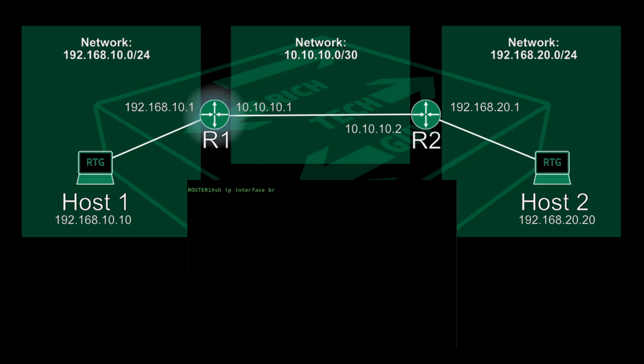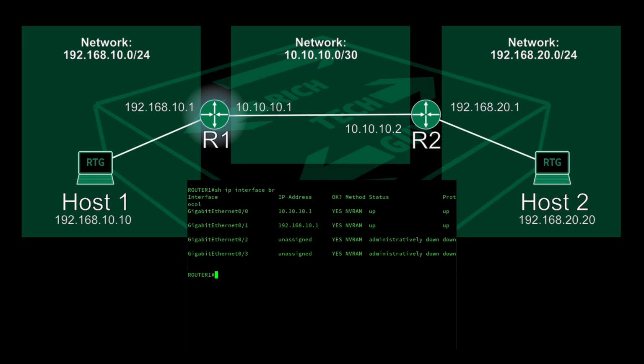All right, so now we're on router 1, and I'm going to put in the command show ip interface brief. There are 2 connections, one to the host 1 network and one to the point-to-point network connecting the other router, and both links are up, so the connections are there.